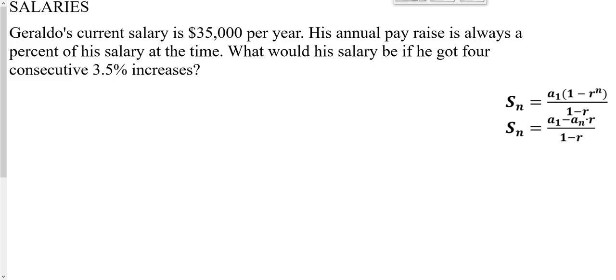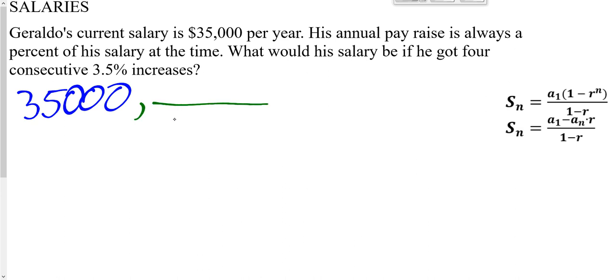So go ahead, pause the video, read through this. If we look at what we're dealing with here, we're starting out with 35,000. Then we're looking for the next term. And then we're looking for the next term, which would be our third term.